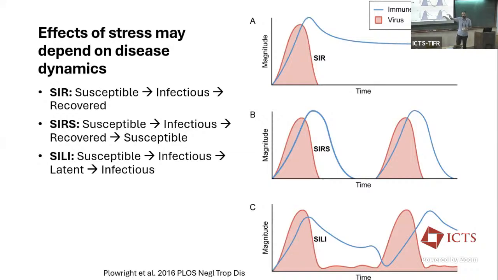At a population level, your population immunity can wane over time, especially as you add new births into the population. New individuals born into the population are always susceptible, so you're adding this waning on top of introducing new susceptibles into the population.